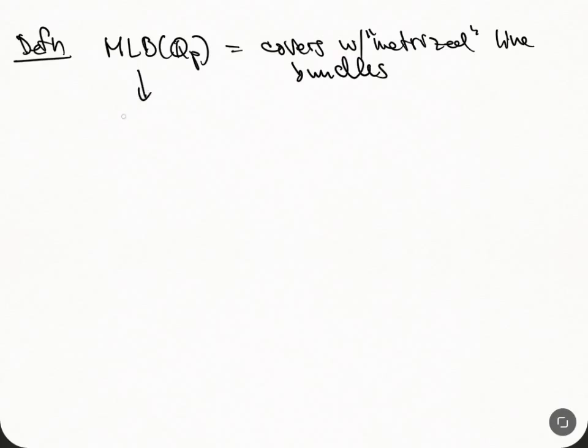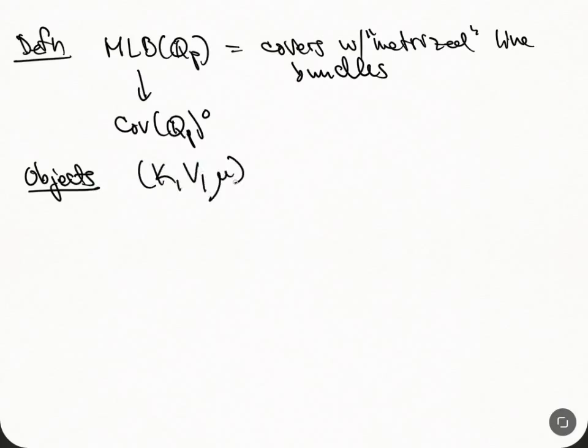And this is going to be a category over Q_p here. So the objects of this category are going to be triples K, V, mu.